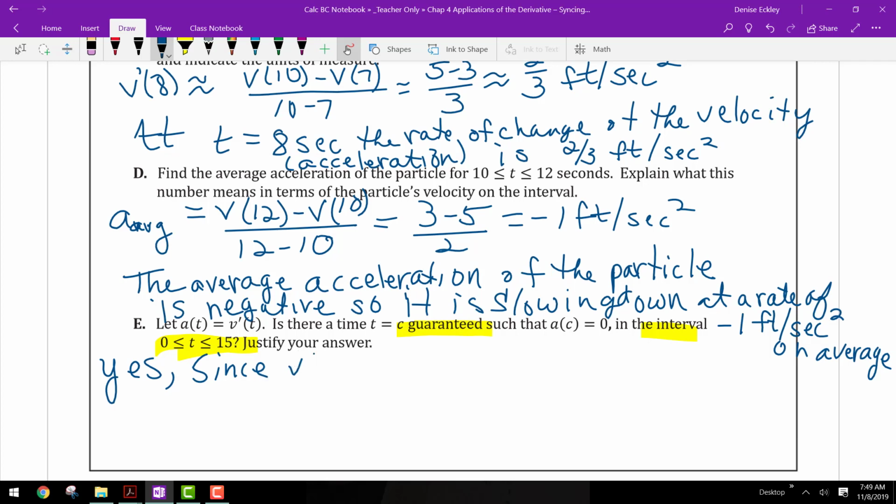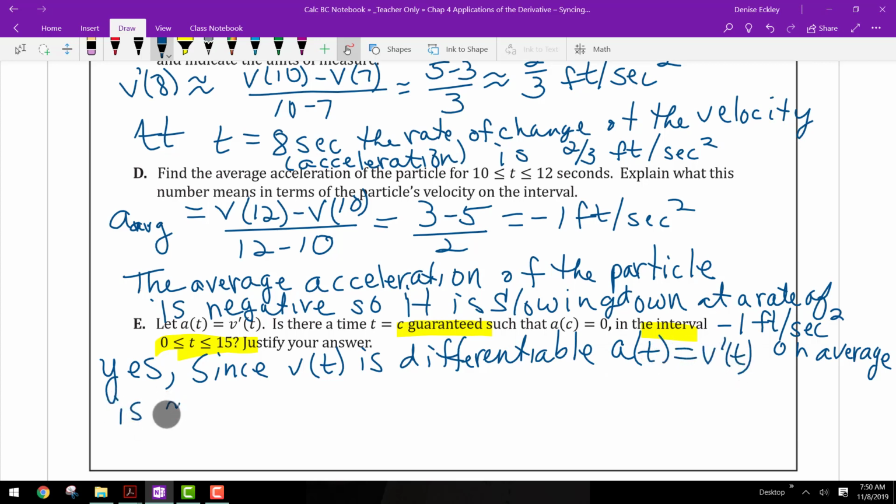Since V of t is differentiable, A of t equals V prime of t is continuous. I want to make sure the function you're talking about, in this case the acceleration, that you say it's continuous.